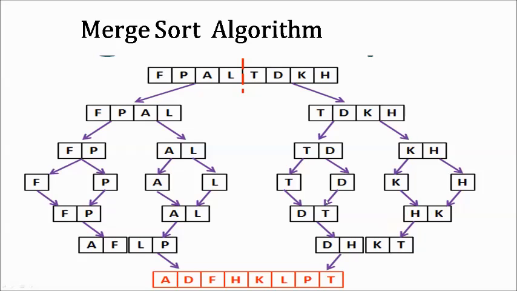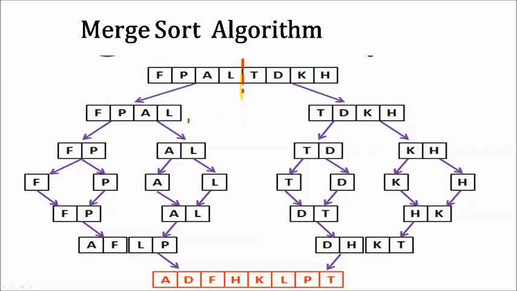Since this is even, it's easier to divide. It's 8, divided by 2, we get 4. As you can see here, it's divided. We're going to split the given data, so we have FPAL and TDKH.